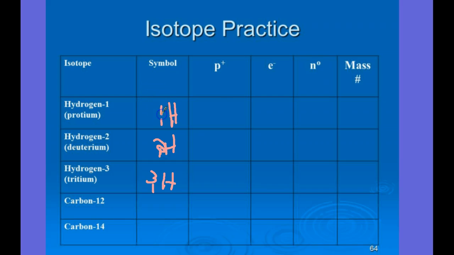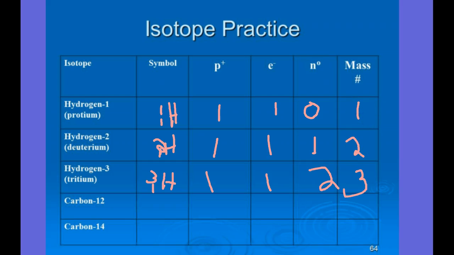And this one has a mass number of 1. So the protons are all 1, and these are all neutral, so the electrons are all 1. Now the neutrons: 1 minus 1 is 0, so the regular hydrogen has 0 neutrons. This one is 2 minus 1, which is 1. And this one is 3 minus 1, which is 2. So the mass numbers are 3, 2, and 1.